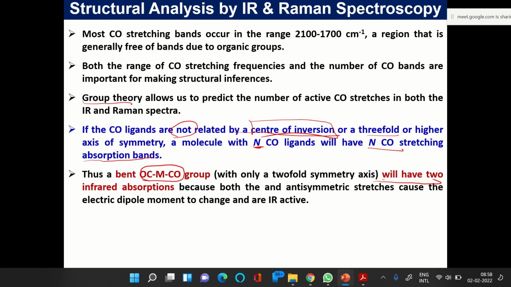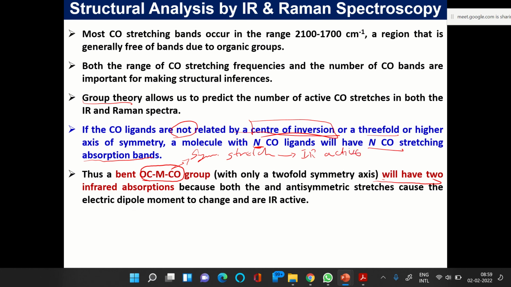So you will have two infrared absorptions in this case, because the antisymmetric vibration was already IR active, but the symmetric stretching will also be IR active in a bent condition.